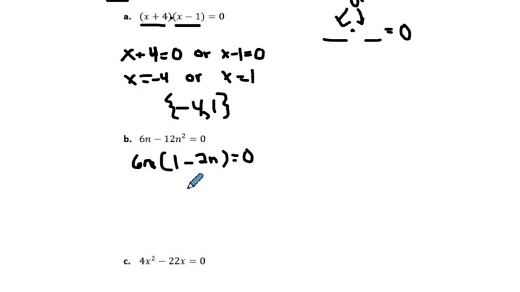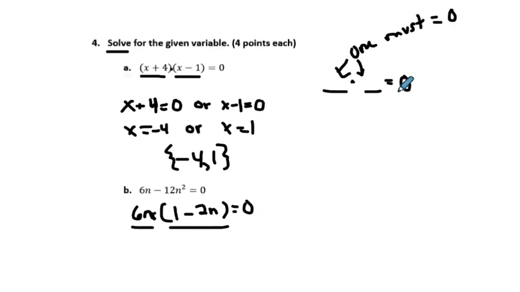You could always double check yourself. You could distribute or multiply back in the 6n into the parentheses. 6n times 1 is 6n. 6n times negative 2n is negative 12n squared. So the expression looks different on the left-hand side here, but it still is the same value. All right, so at this point, now we've made it look like part A. We have two factors getting multiplied together, and their product is 0. So again, use that 0 product property.